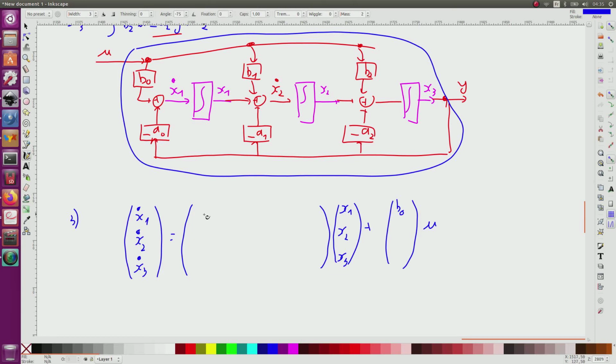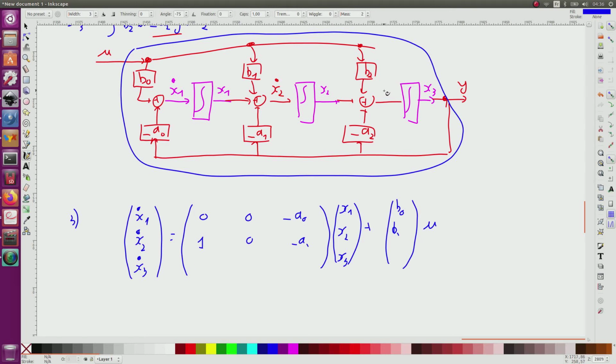This is why here I have 0, 0, minus a0. For x dot 2, I will have b1 u plus x1, and here minus a1 due to this, 0 here.